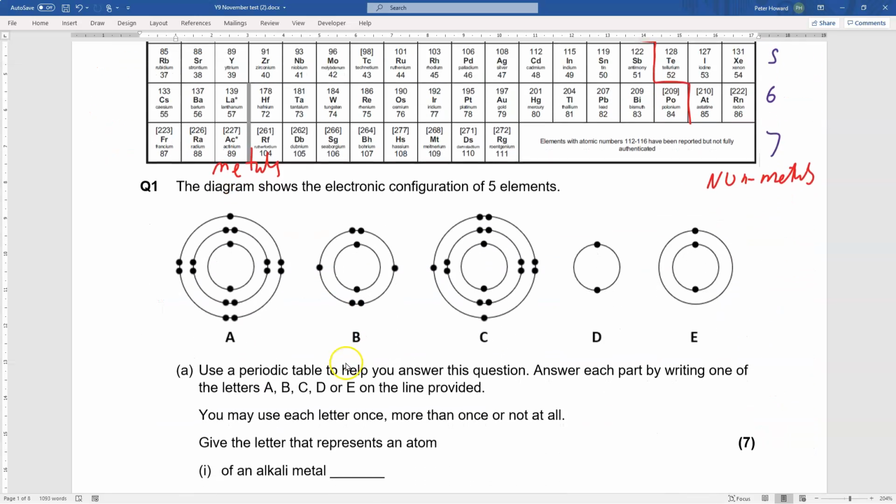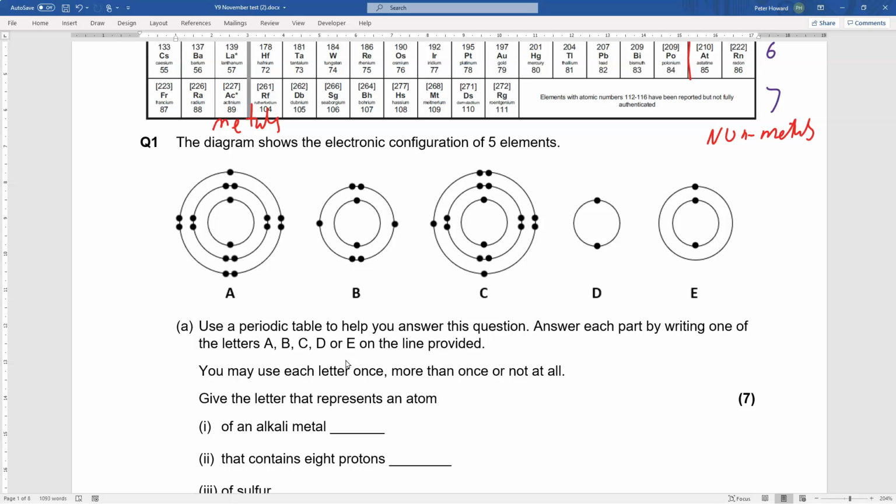So if we look at our first question, the configuration of 5 different elements, what can we work out? Firstly, we could write the electron configurations in shorthand: 2, 8, and then the outer shell 7. This one is 2, 6. This one is 2, 8, 6.